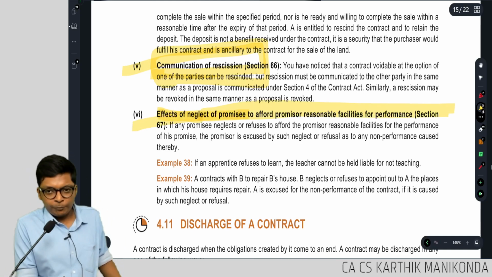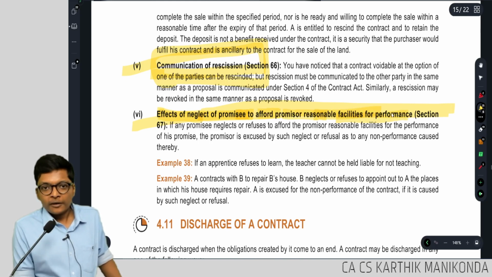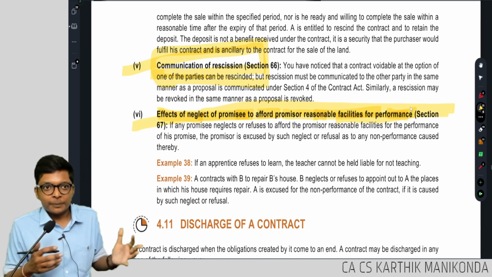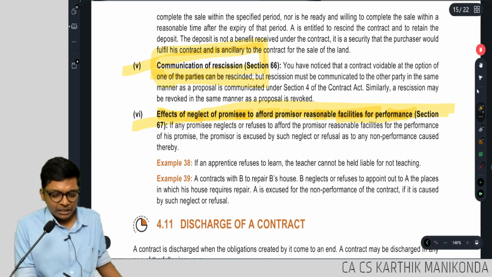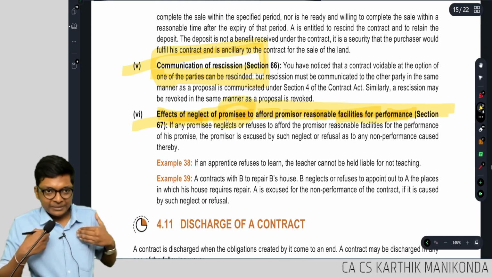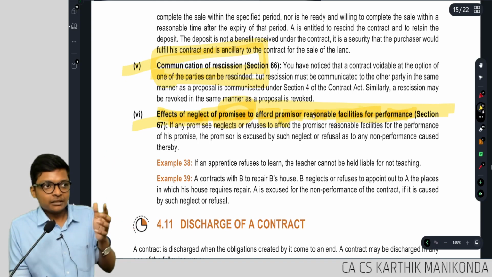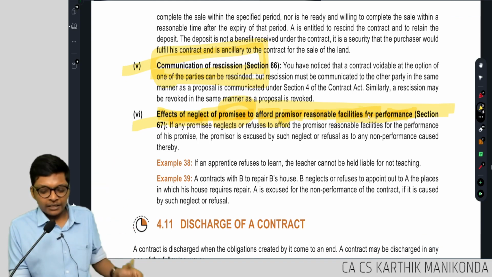This last point is the same as the fan example, guys. Effect of neglect of promisee to afford promisor reasonable facilities for performance. I called an electrician to fix a fan. I am sleeping on the bed and asking him, fix it. Now read the point: effect of neglect of promisee. I am the promisee. To afford the promisor, the electrician, reasonable facility. He comes to the house, and I should help him change the fan for performance.